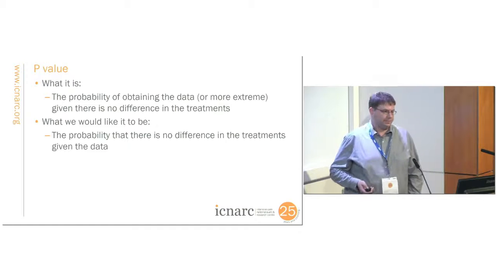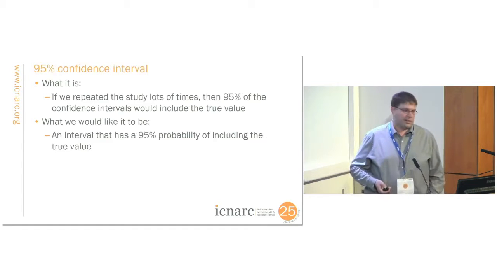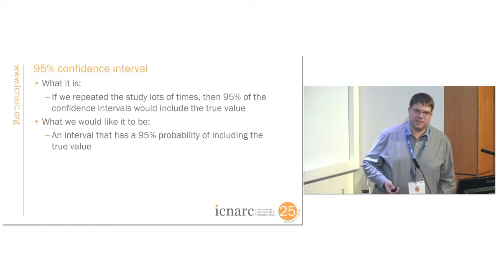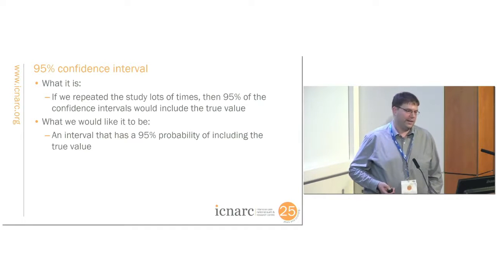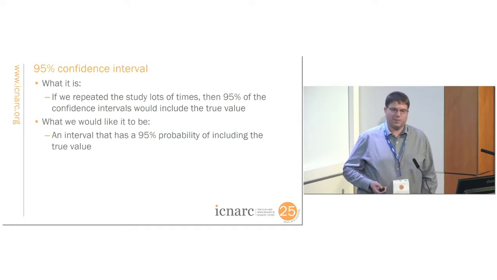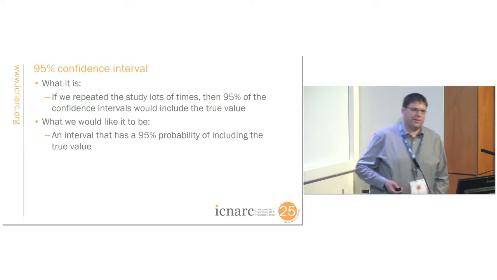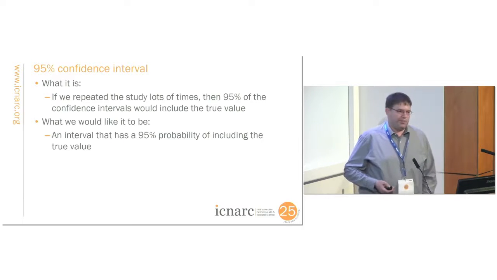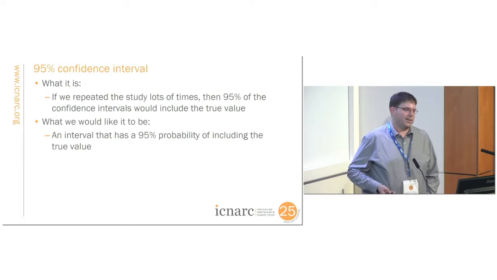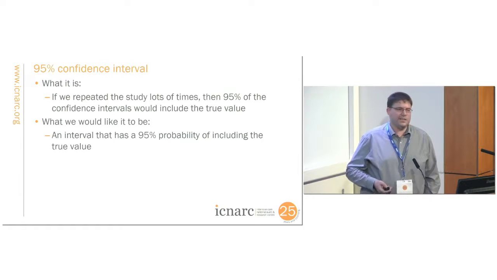Bayesian perspective. Similarly with the confidence interval, we almost always interpret confidence intervals in the way we would like them to be, as being an interval that has a 95% probability of including the true value. That's not really what they are. The 95% confidence interval says that if we repeated this study lots of times, this is where the frequentist terminology comes in, doing things frequently, then 95% of those confidence intervals would include the true value.